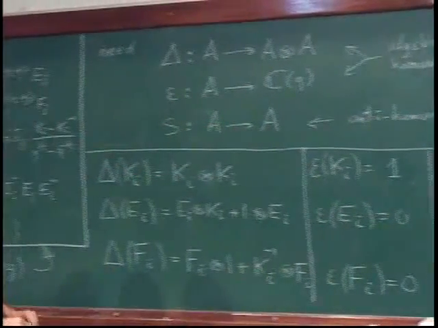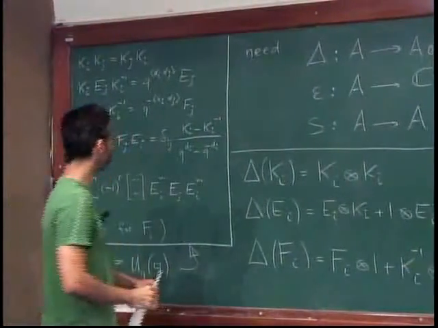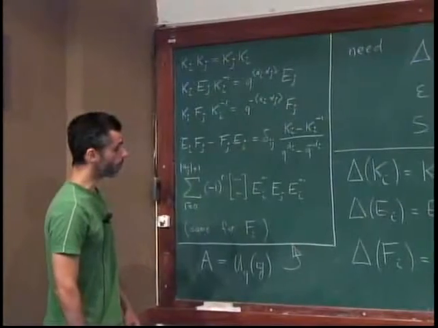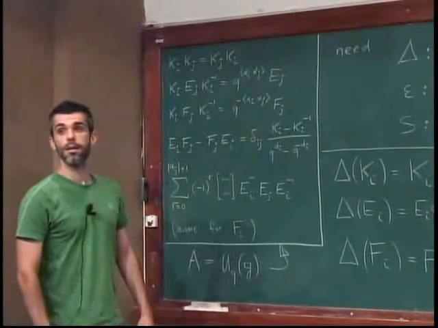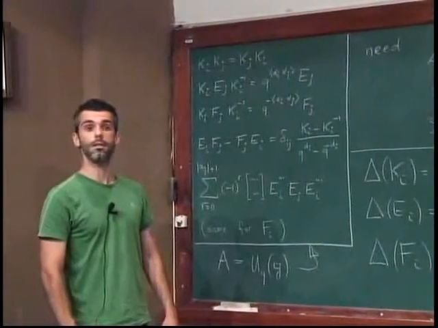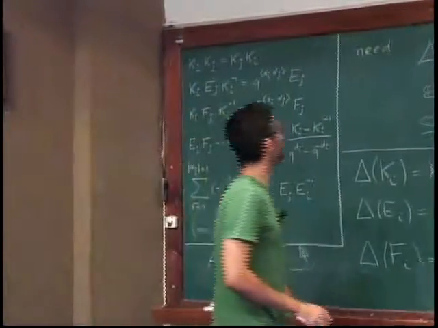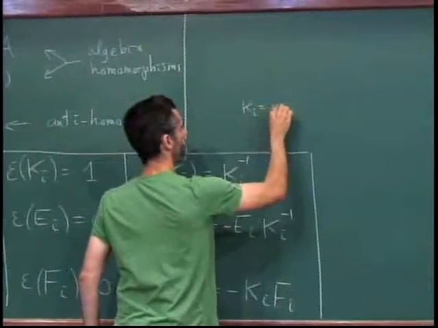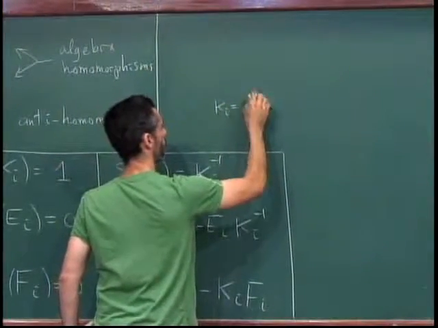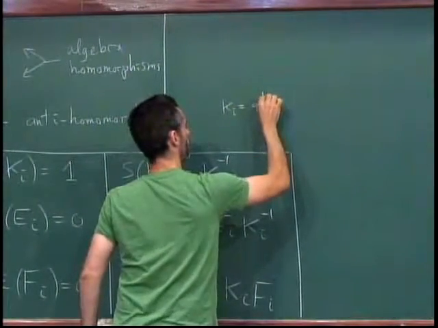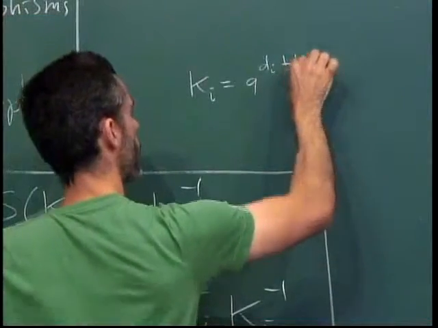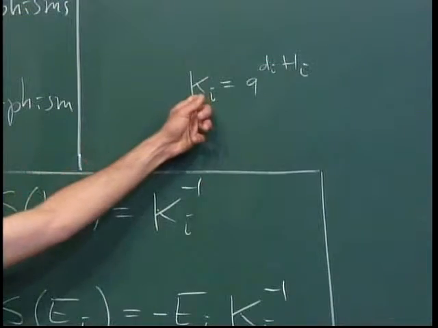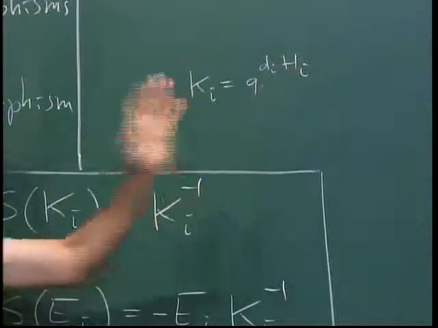So one thing that's fairly easy to check is that if you set q equal to 1, and also secretly recall that K_i was q to the d_i h_i, if you set q equal to 1, you're also putting K_i equal to 1, because it's 1 to some power.